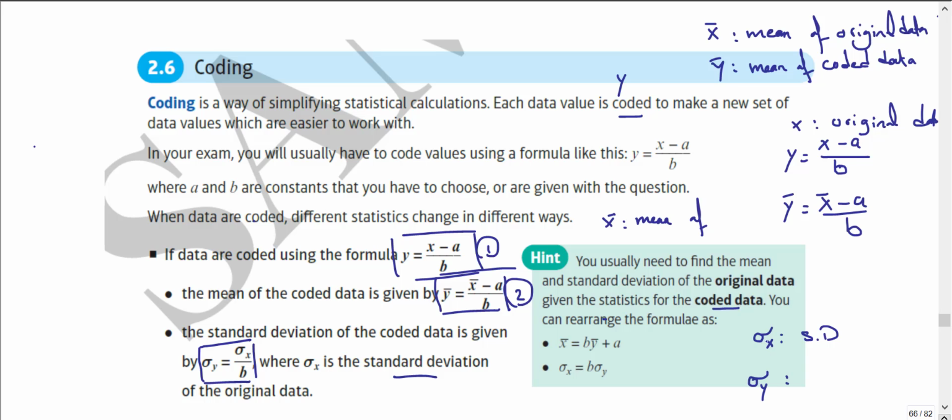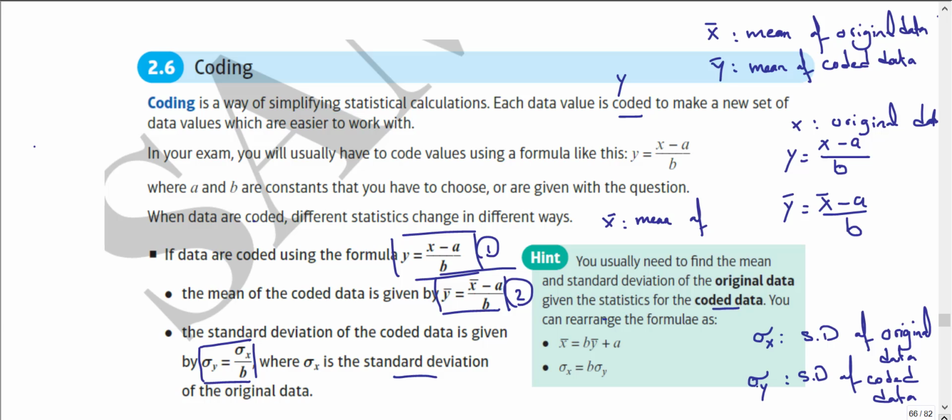Always, Adam, x means original data. So this is the standard deviation of the original data. There is no space to write it properly. And sigma y is the standard deviation of the coded data.